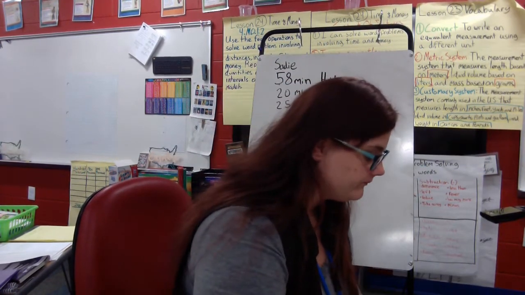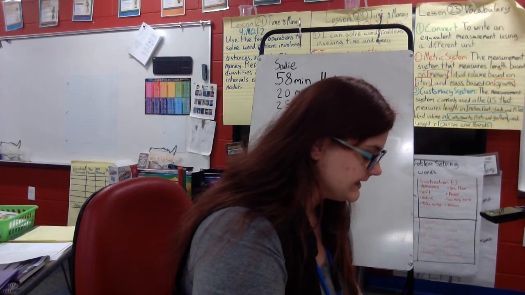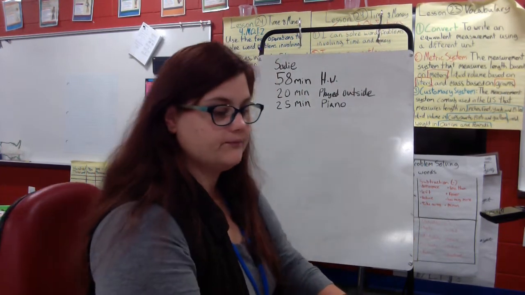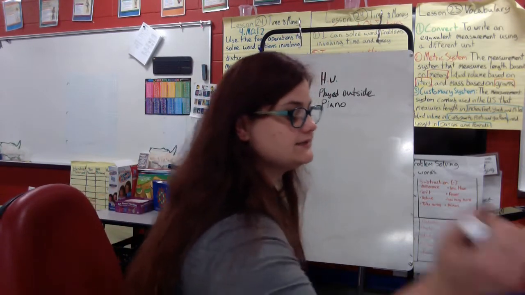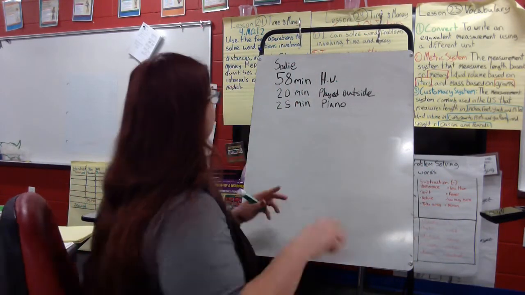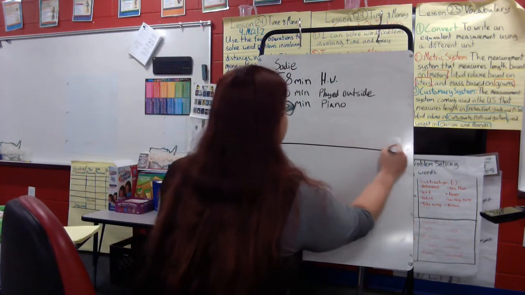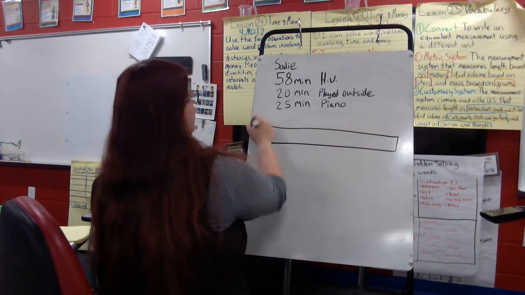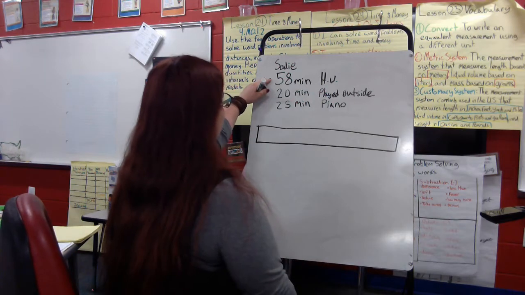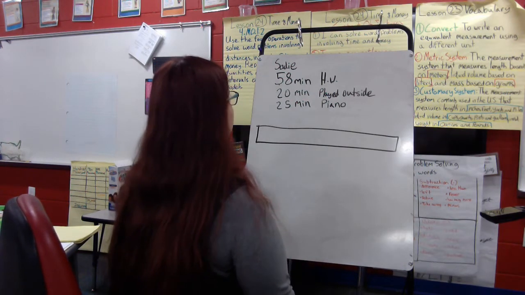Anyhow, how many more minutes did Sadie spend doing homework than practicing the piano and playing outside? Well, the bar model that it's showing us, so this is a comparison problem. It wants us to compare the time we did homework compared to the time that we played and practiced.